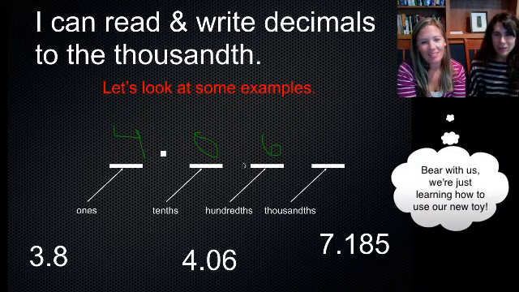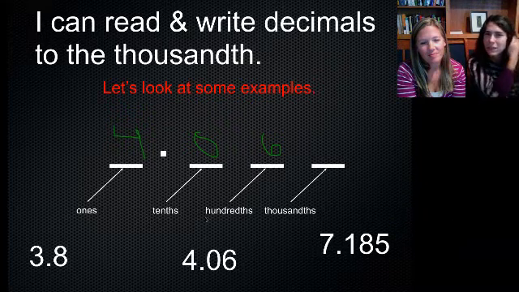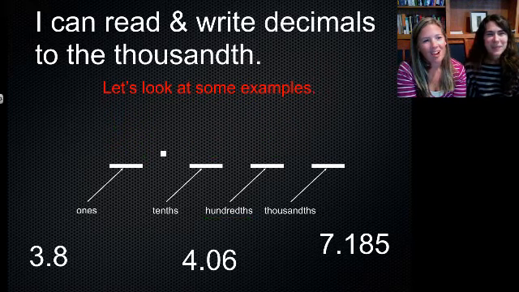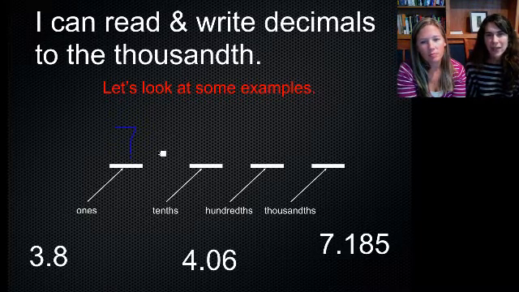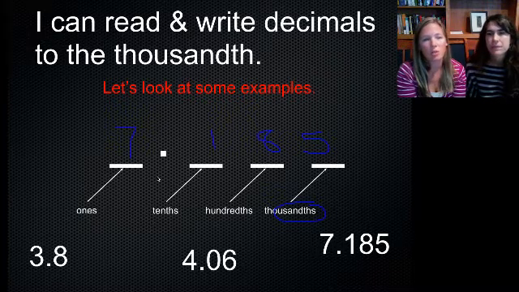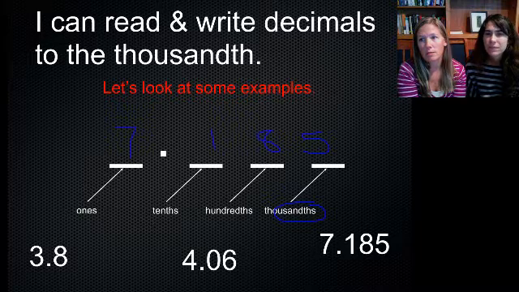That one we had to be careful because since we were in the hundredths place value, we remembered that 0 and said it correctly. We have 7 as our whole number, so 7 and 185 thousandths. Again, you're looking at wherever it ends. That's what you want to say.